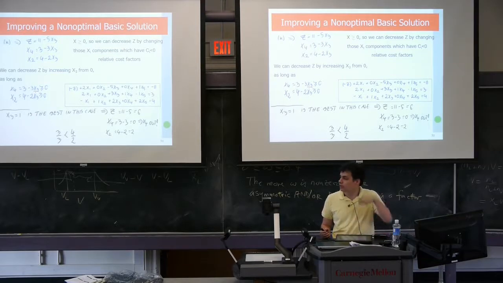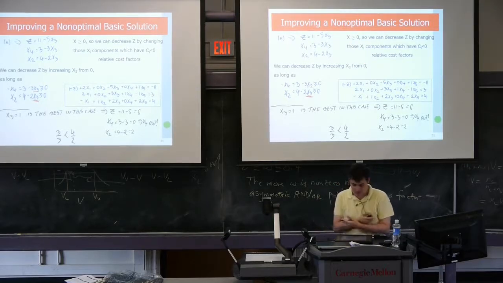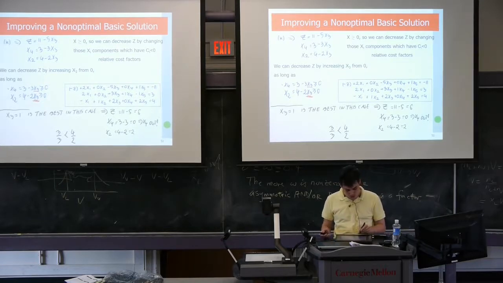So x3 cannot be bigger than 1. If we just had this second constraint that x2 is 4 minus 2 times x3, then based on just this, x3 could be larger than 1, but we have this other constraint that doesn't allow this. So in other words, we just need to calculate the ratios.